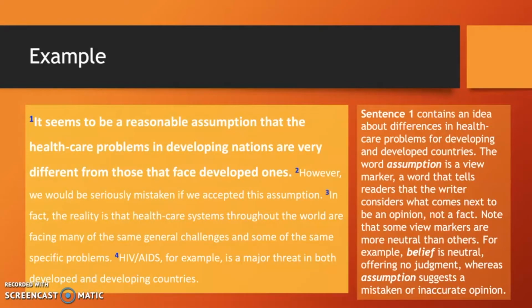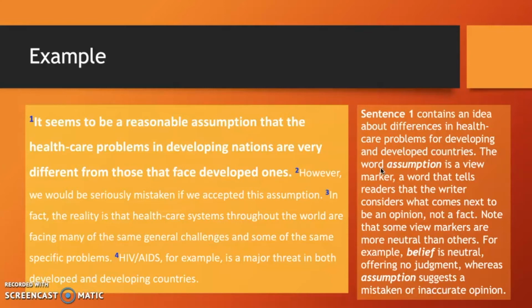To begin, let's look at sentence 1. Sentence 1 contains an idea about differences in healthcare problems for developing and developed countries.